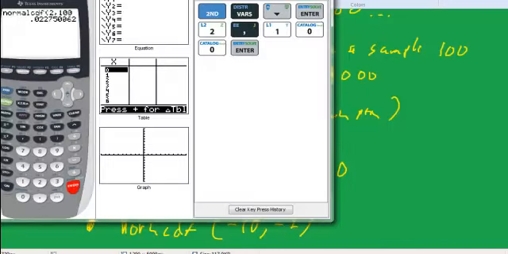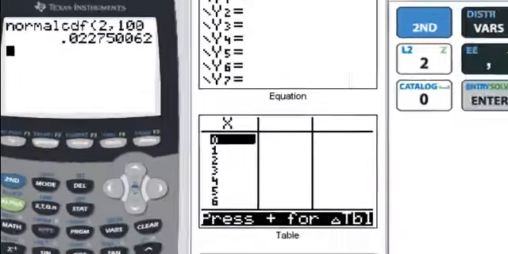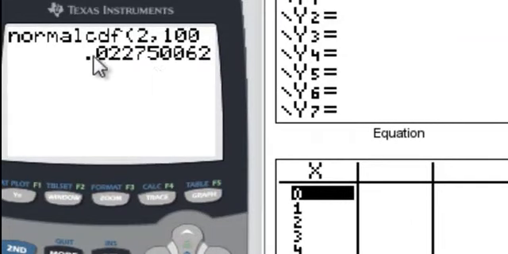And yes, it comes out to about 0.0023. By the way, this emulator didn't like negatives inside the normal CDF, so I had to go from 2 to 10.